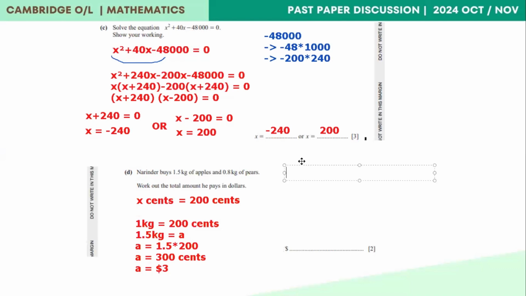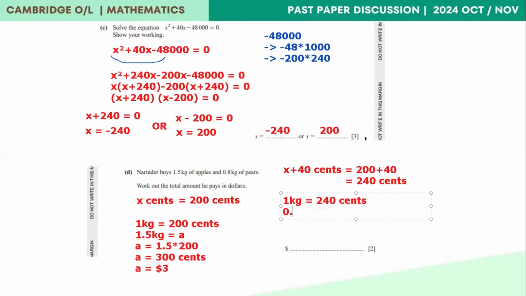Similarly, the next one, the price of pears per kilogram was x plus 40 cents. So that is 200 plus 40, equal to 240 cents. I hope that's clear. Those were the same expressions we wrote earlier. So 1 kilogram is 240 cents.